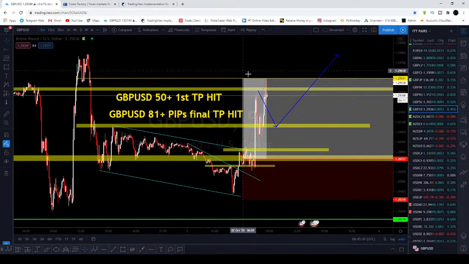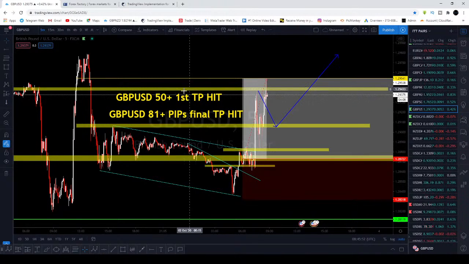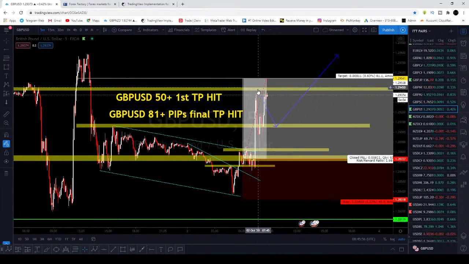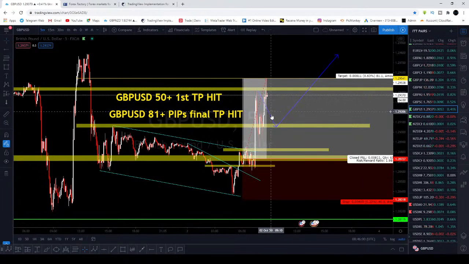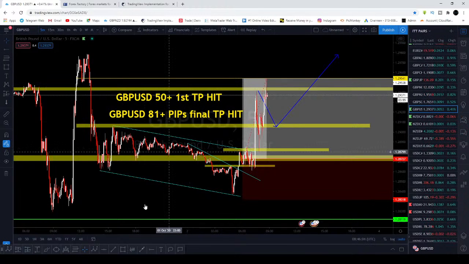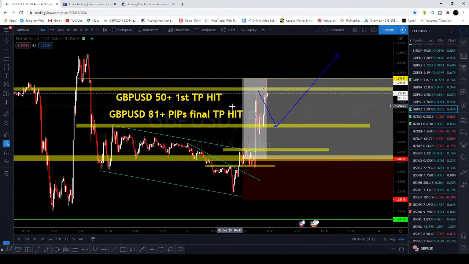So of course, I'm still seeing GU reacted to this particular resistance level right here, and didn't close above it, right? So we might see some sort of a move to the downside a little bit before it will continue going up, but we'll see if it will still break out of this resistance line. If it breaks out of it, thank God for that, and it will continue going up to the upside.